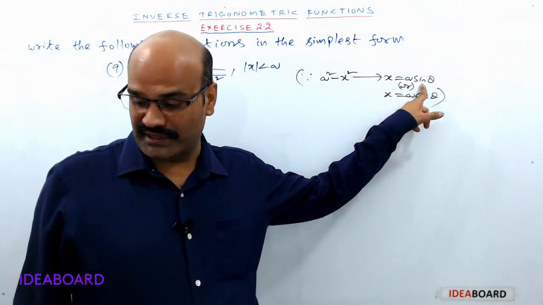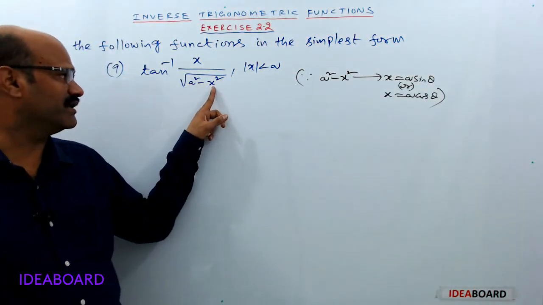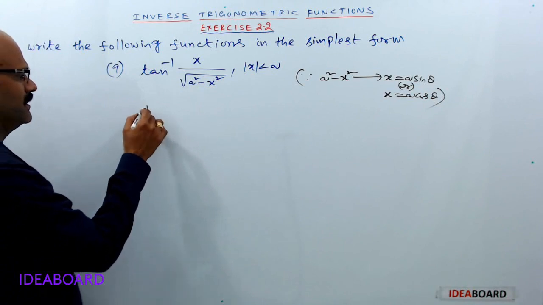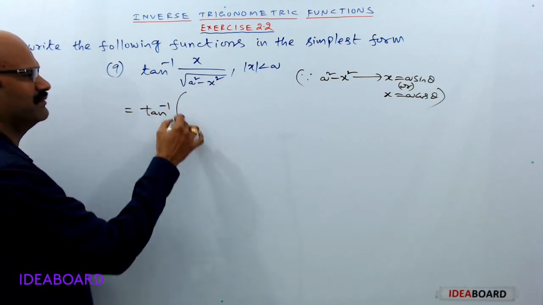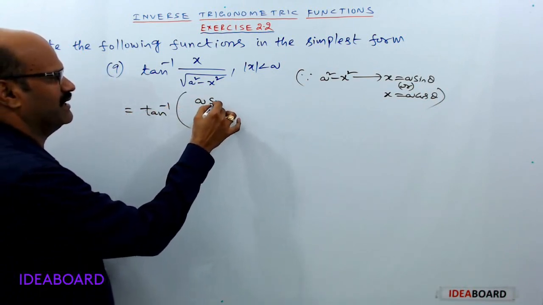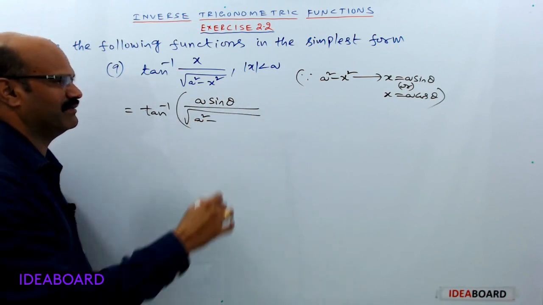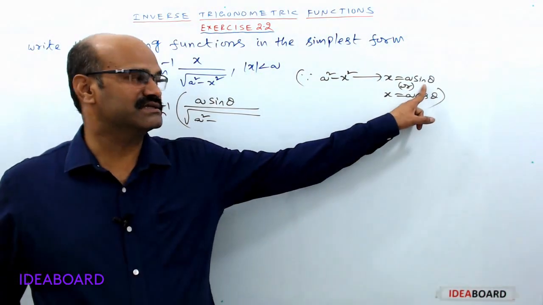So here we have to take x equal to a sin theta, then it becomes tan inverse of a sin theta upon square root of a square minus x square, with x equal to a sin theta.